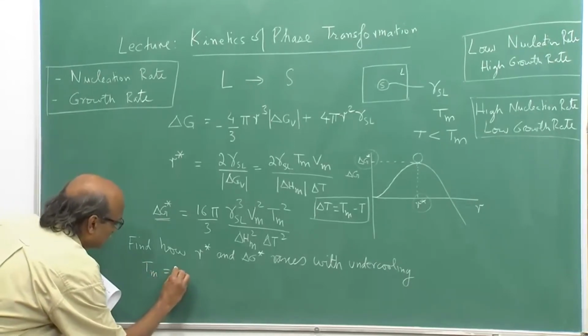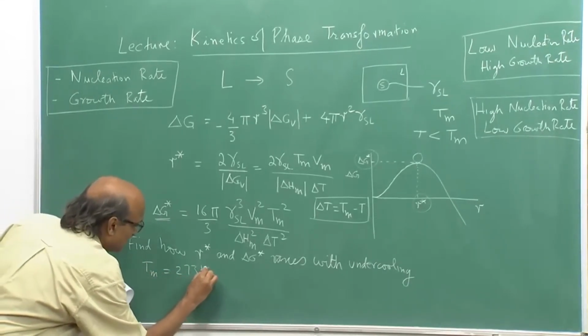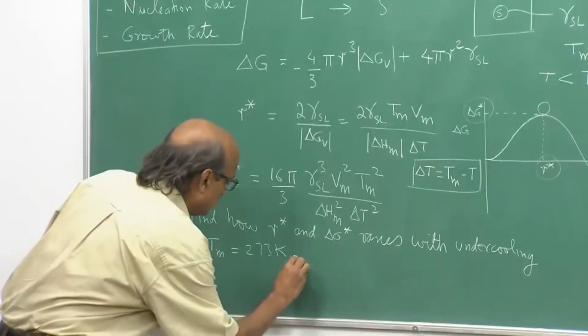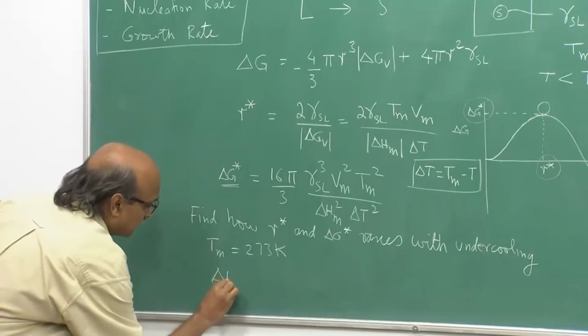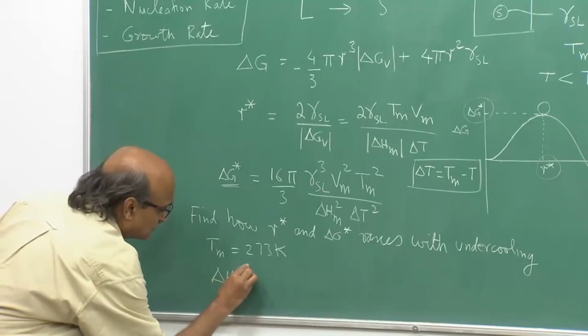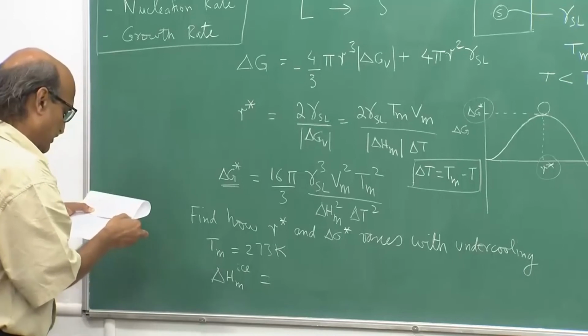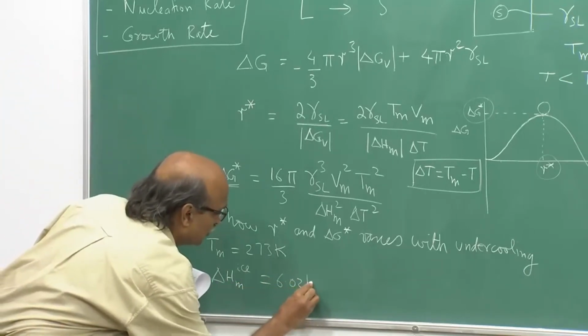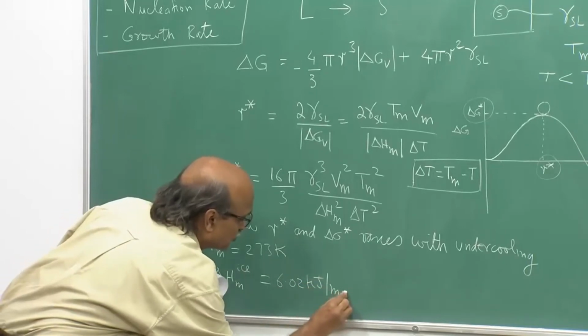Obviously, Tm is 273 degrees Kelvin for water, delta Hm for ice is 6.02 kilojoules per mole.